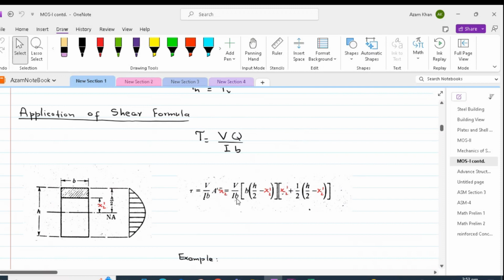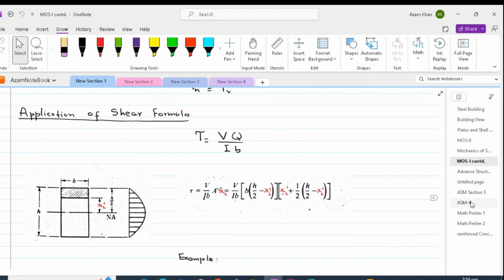Thus, we can have V by Ib for this beam times b times (h by 2 minus x2), which is the area, and then we can have the distance or the lever arm worked out as x2 plus half of (h by 2 minus x2). That is A times y bar, which is the first moment of area. That can be found in the Mechanics of Solids 1 playlist.